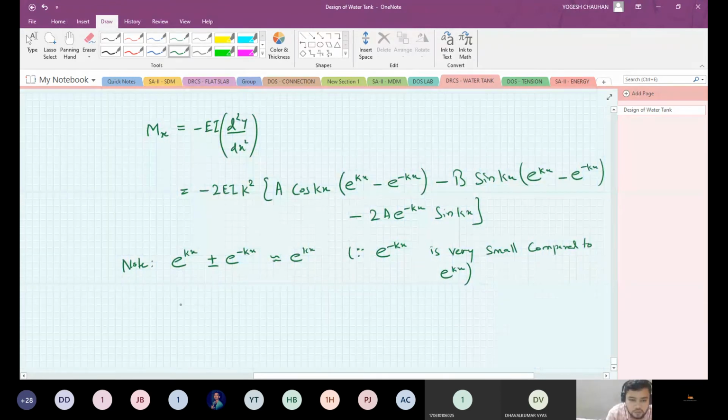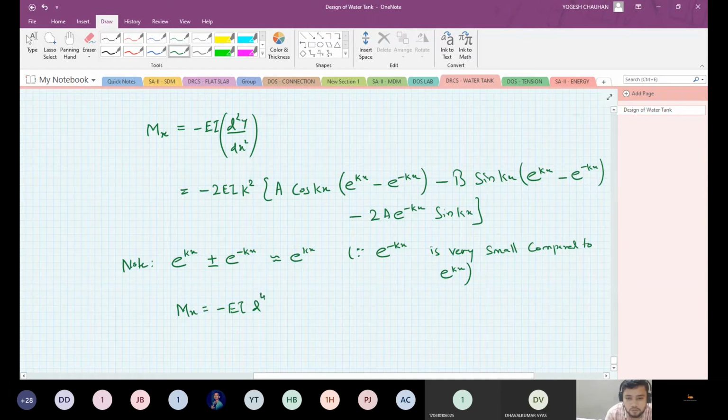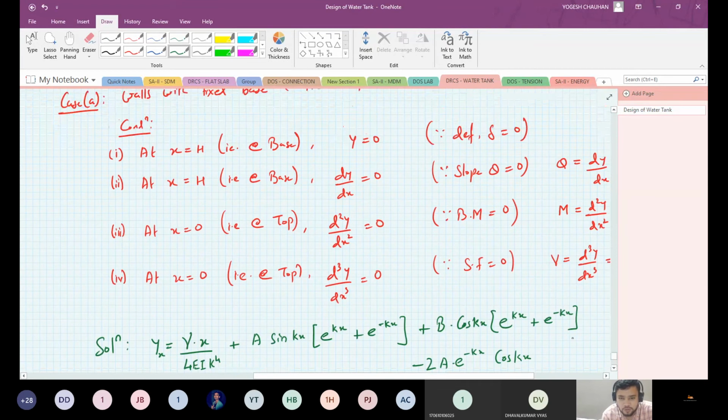Also, you know M x equals minus EI d square y by dx square. So this is the expression for the moment. You equate this moment equal to 0 and put the value of x equals 0, you will get one expression.